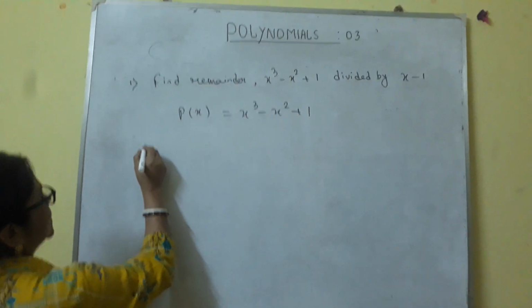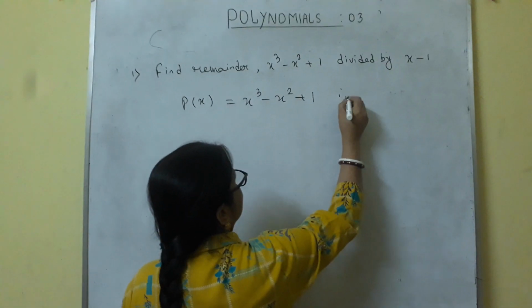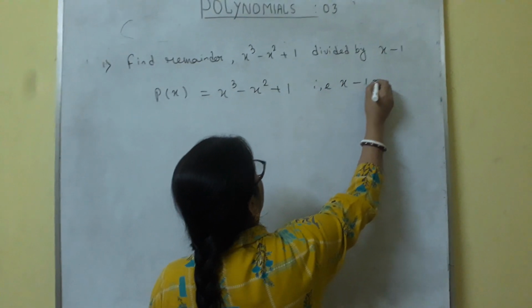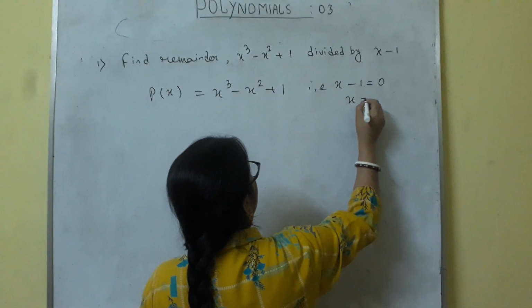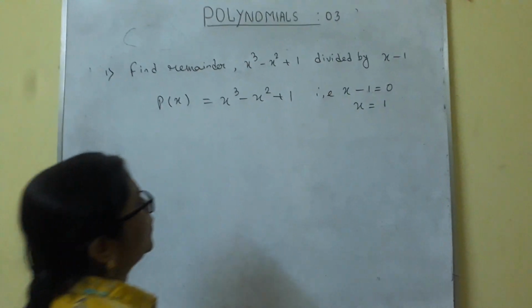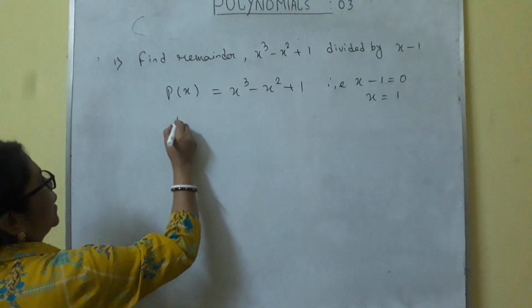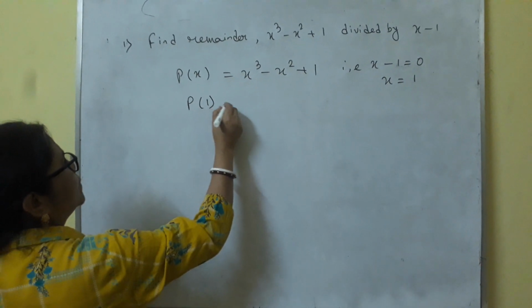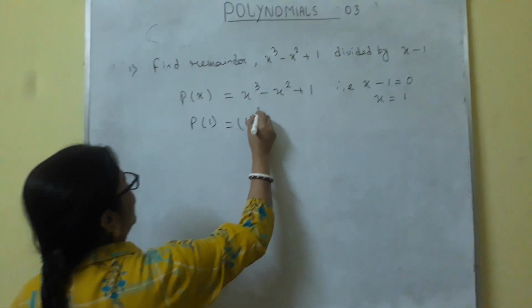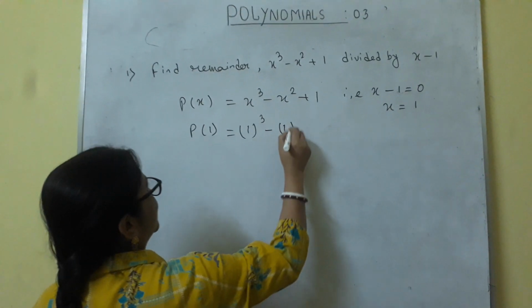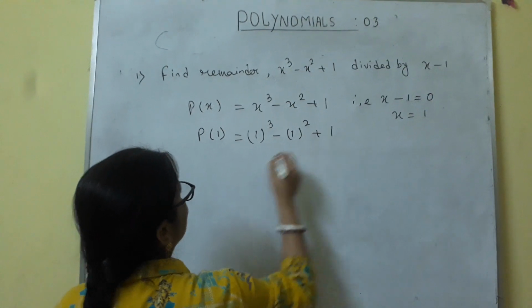So x minus 1 equals 0, then the value of x is 1. That means we will substitute the value of x by 1. 1 whole cube minus 1 whole square plus 1.